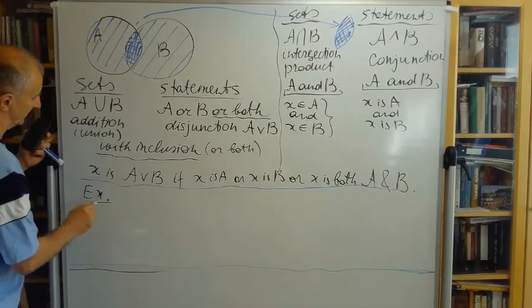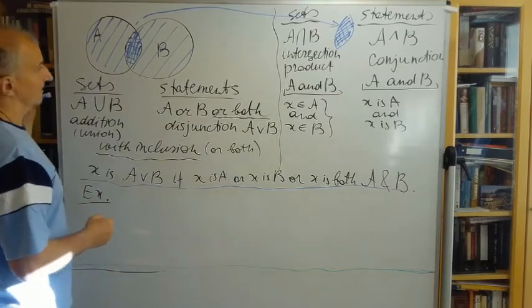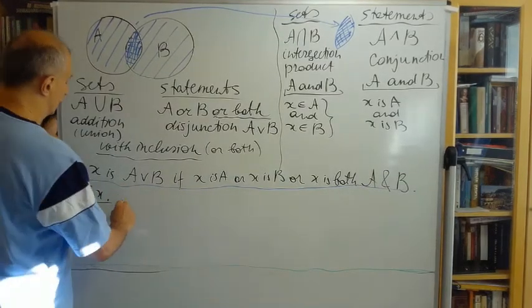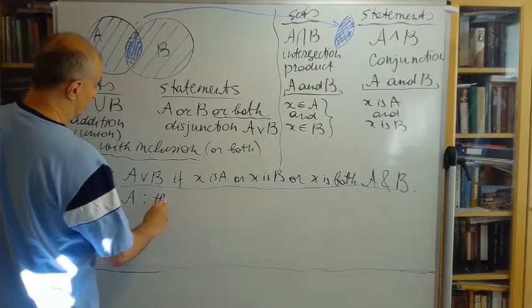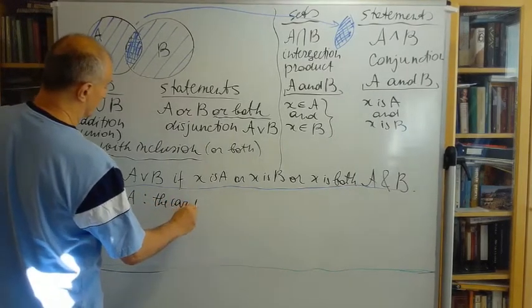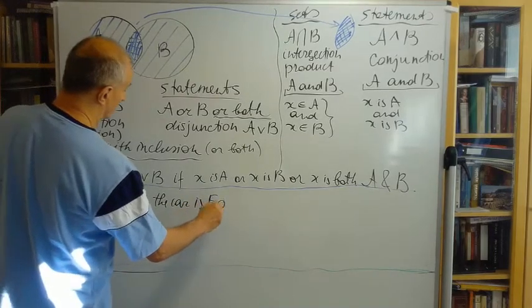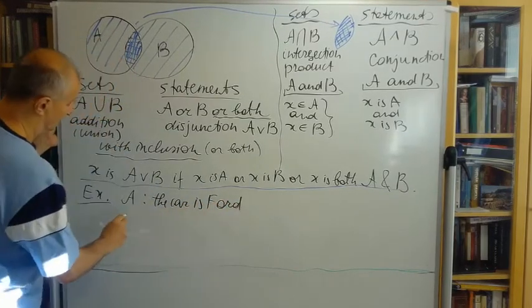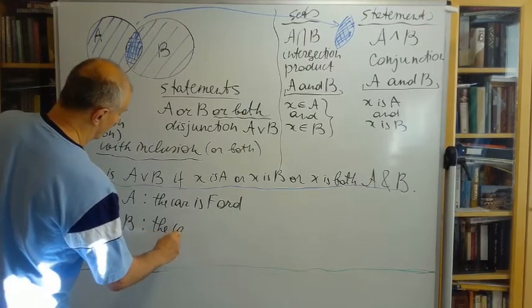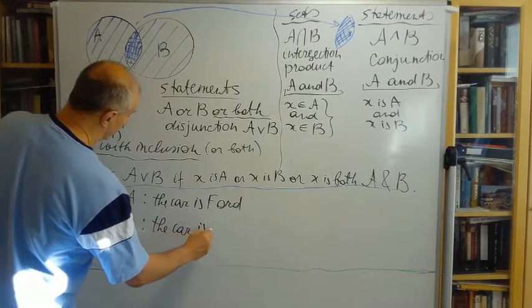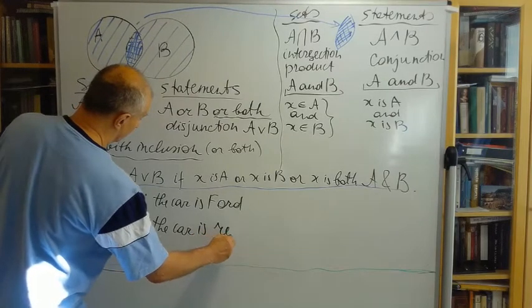Examples are usually very simple here. Suppose A means a statement: the car under consideration is Ford. B means a statement: the car is red.